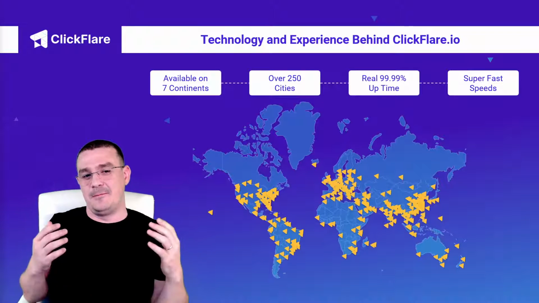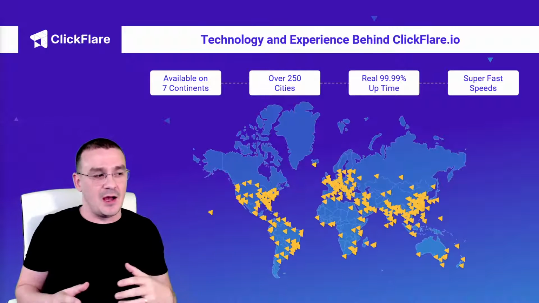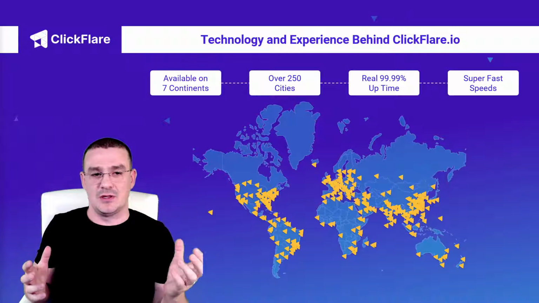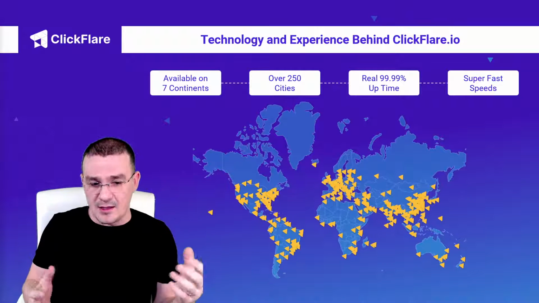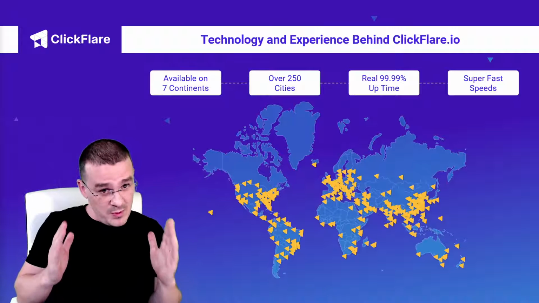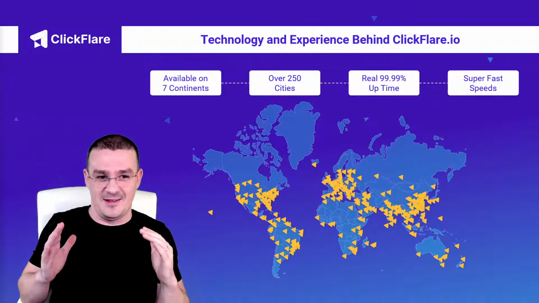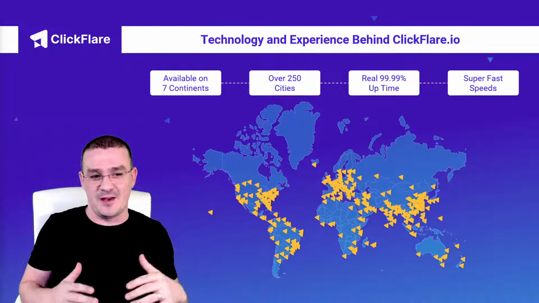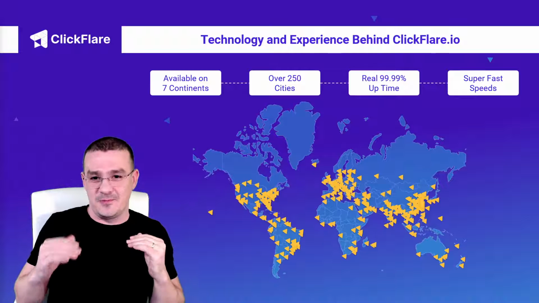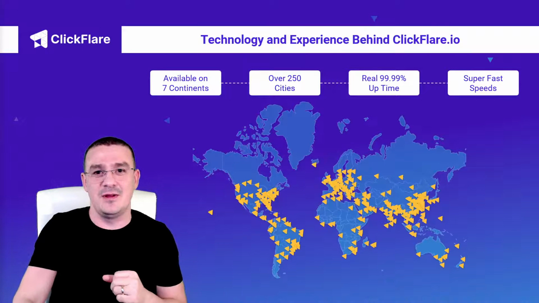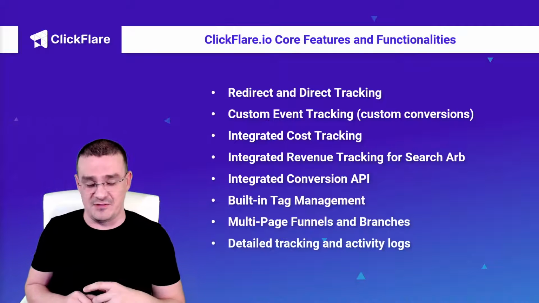So for anyone who's concerned about the uptime, the speed and tracking, we are making a pretty bold claim, and like we've shown in the past, we're keeping up to our word. So without losing much time, let's move forward to the core features and functionalities of Clickair.